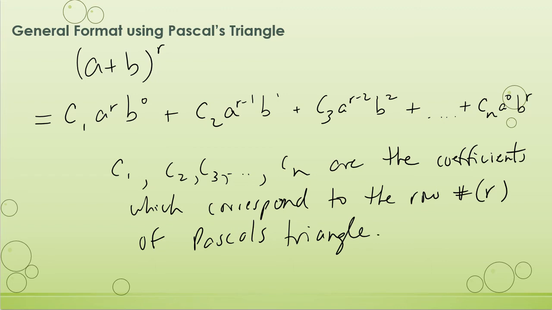So C1, C2, C3, they're just the rows in Pascal's triangle. So 1, 1, 1, 2, 1, 1, 3, 3, 1, and so on.